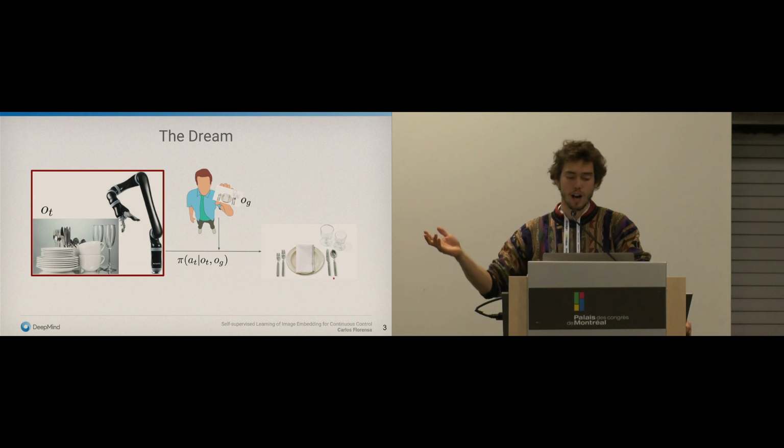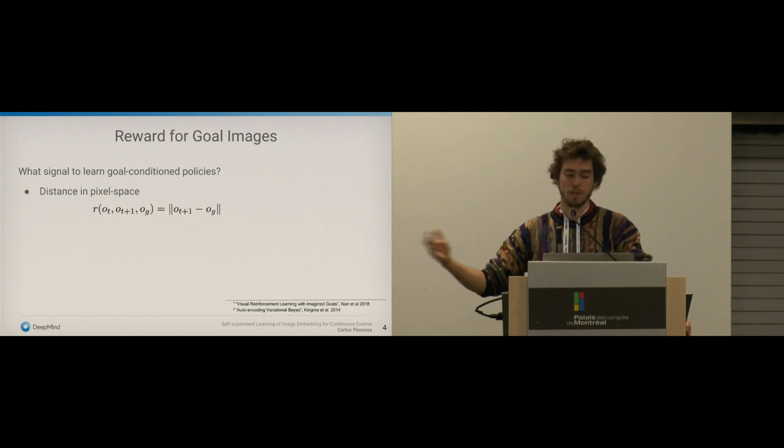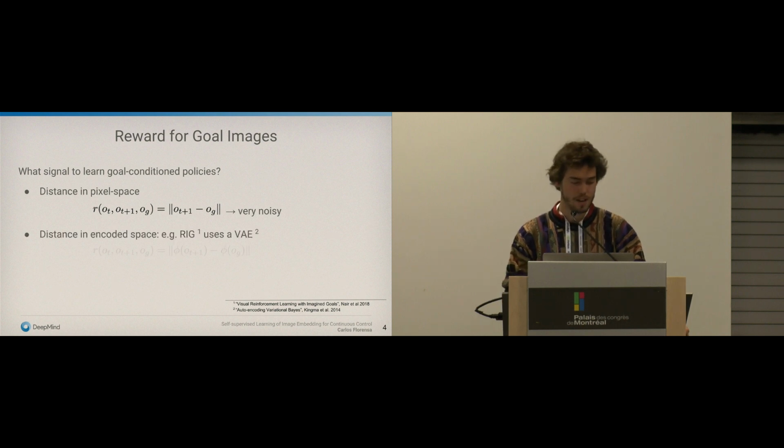Now the question is, what signal should we use to learn this policy, again assuming that we don't have access to external rewards? We can still use as signal the distance in pixel space because we have the images. But this is a very noisy distance, and it won't give us a very interesting signal to learn. You can try it, it won't be very great.